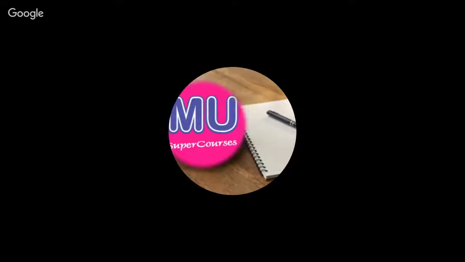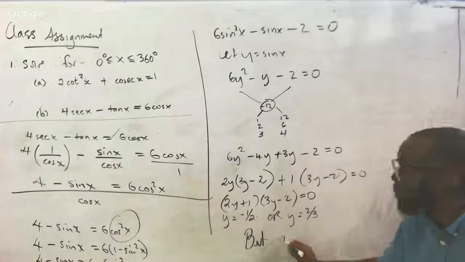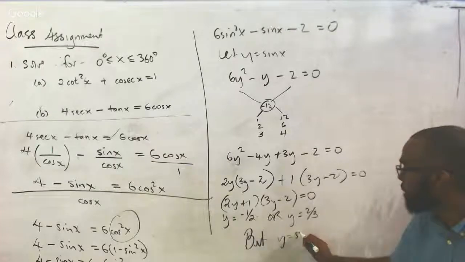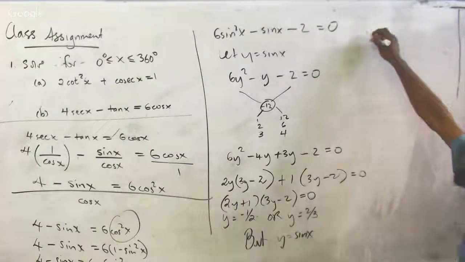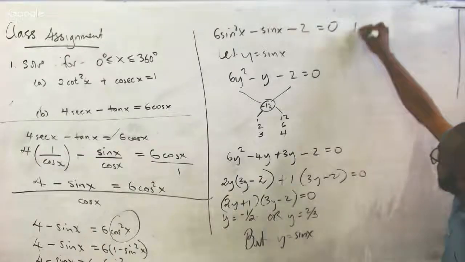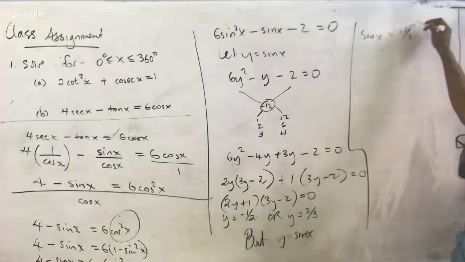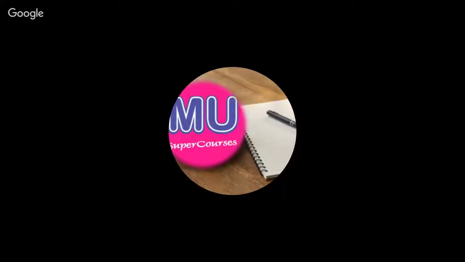So now we have to remember that y was made into sine of x, that means it is sine of x that is equal to negative a half, or it is sine of x that is equal to positive 2/3.